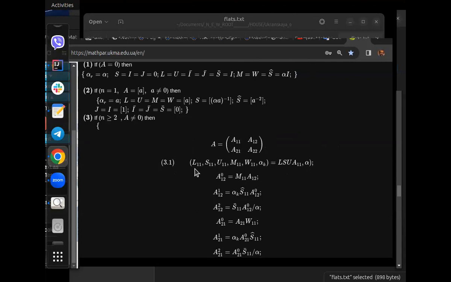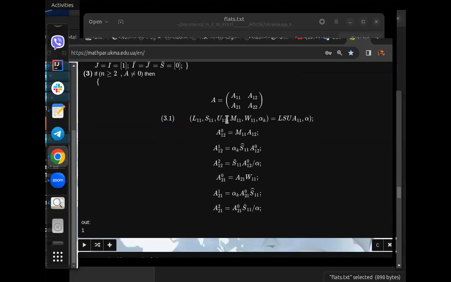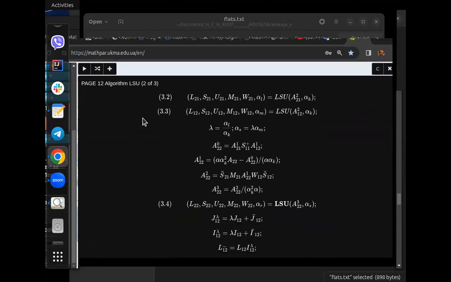So L11, S11, O11, the product is equal to A, and M and W are some kind of inverse matrices for L and O with the property you see in previous slides. Then after it, we compute such blocks using this decomposition. We obtain here, and then we can do the next steps, number two and number three, with the blocks A21 and A12, which we obtain here.